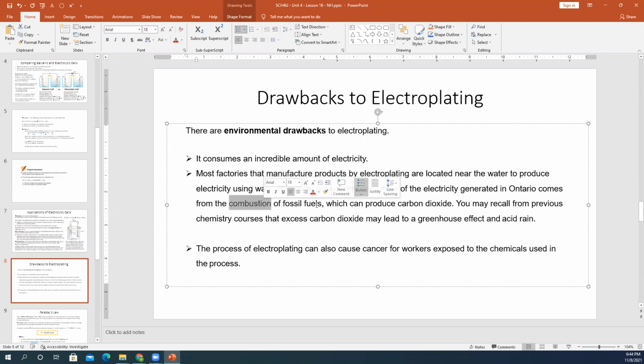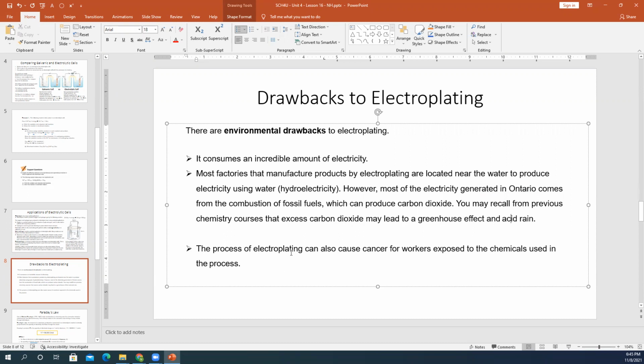When you burn fossil fuels, you produce carbon dioxide. And you recall from our previous lesson that excess carbon dioxide leads to the greenhouse gas effect and produces acid rain. So both of these things are very detrimental to the environment.